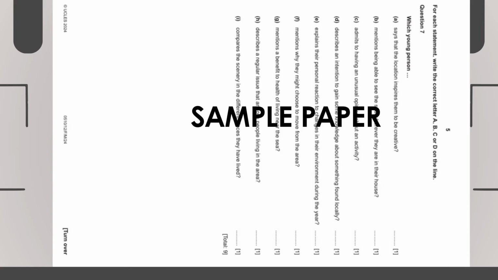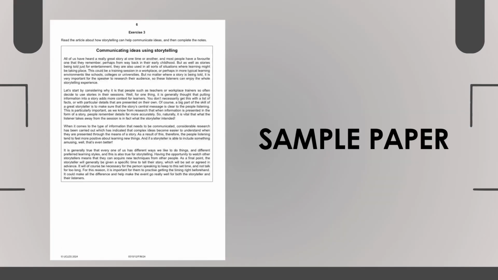Clearly, question 7 requires you to read the passage in exercise 2, and then for each statement from A to I, you have to write letter A, B, C, D on the line given, and each answer is given 1 mark.